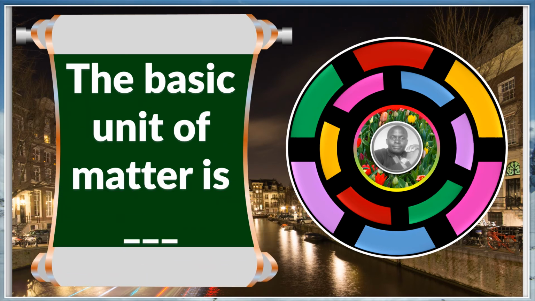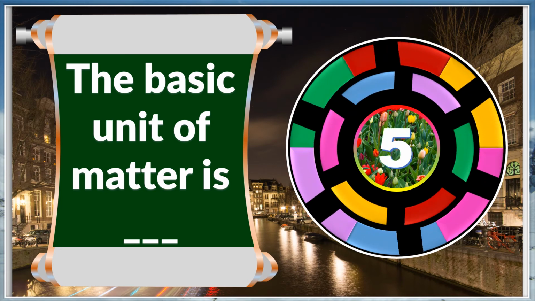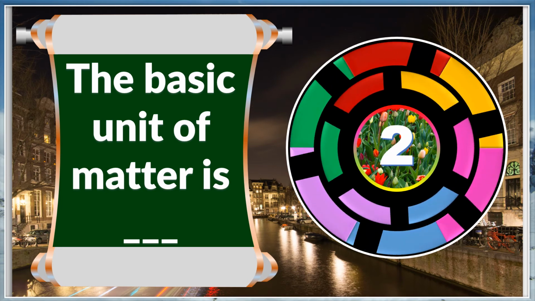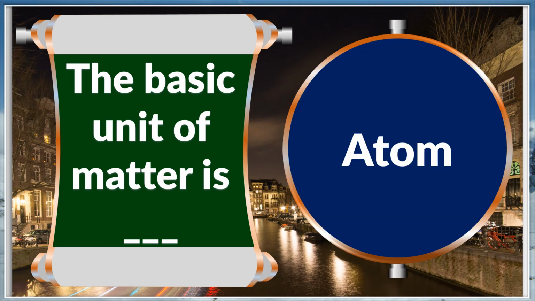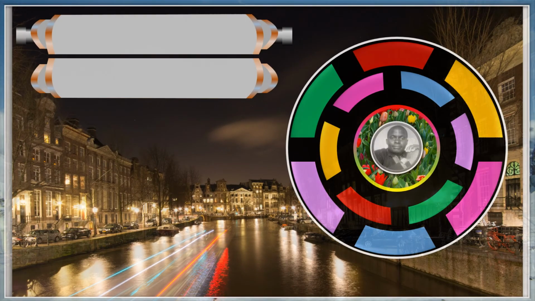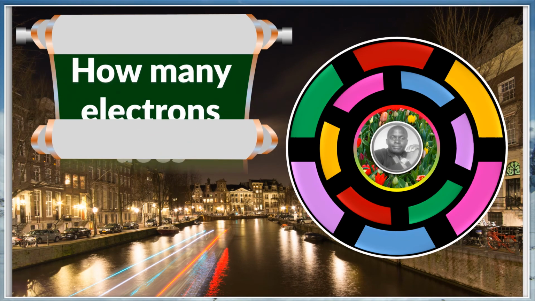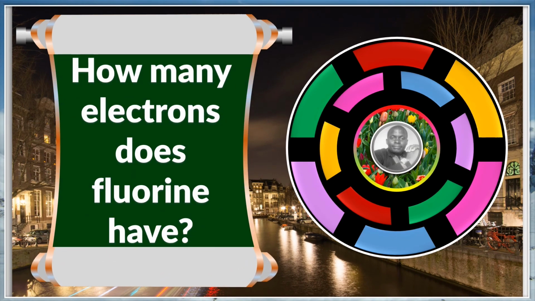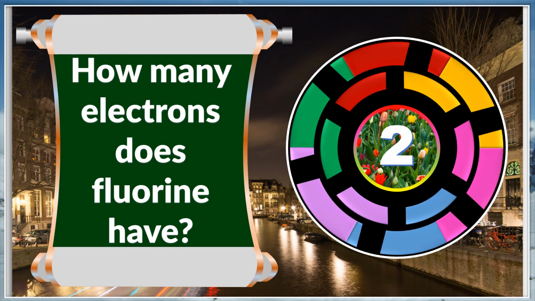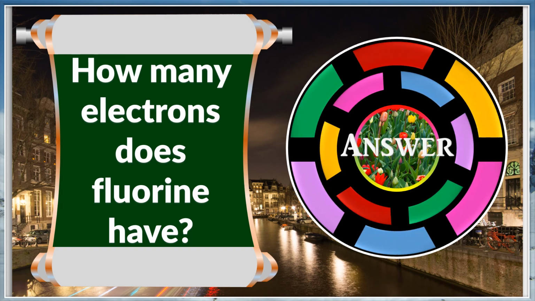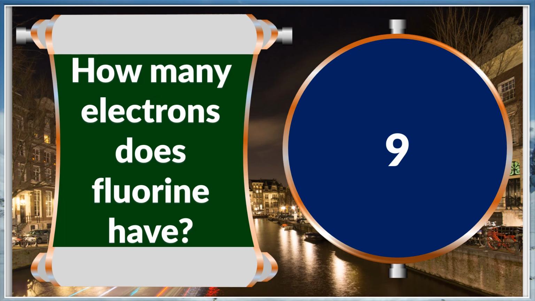The basic unit of matter is atom. How many electrons does fluorine have? Nine.